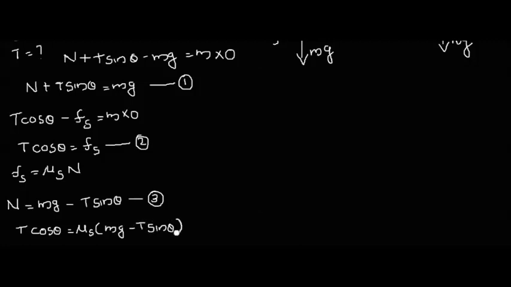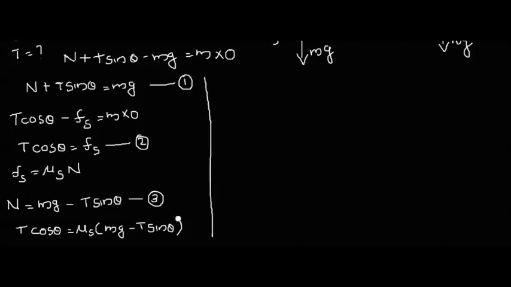Now look at this equation. The tension is involved on both the left hand side and the right hand side. We need an expression for tension T, so we have to rearrange this expression and take the T sin theta term to the left hand side.